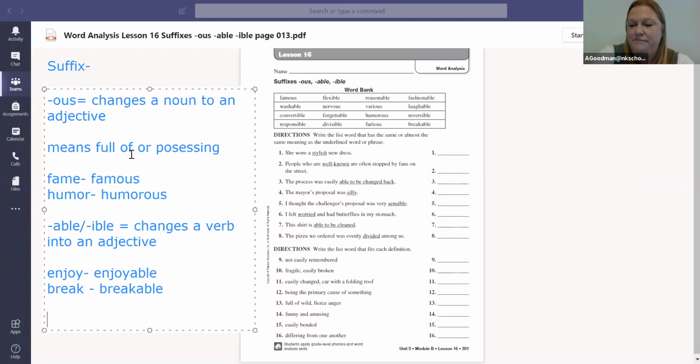Say visible, V-I-S-I-B-L-E. You don't say, I am vising this. Vis, though, is a root that means to see or to look. So when you call it visible, it's able to be seen. Whereas invisible would be not able to be seen.